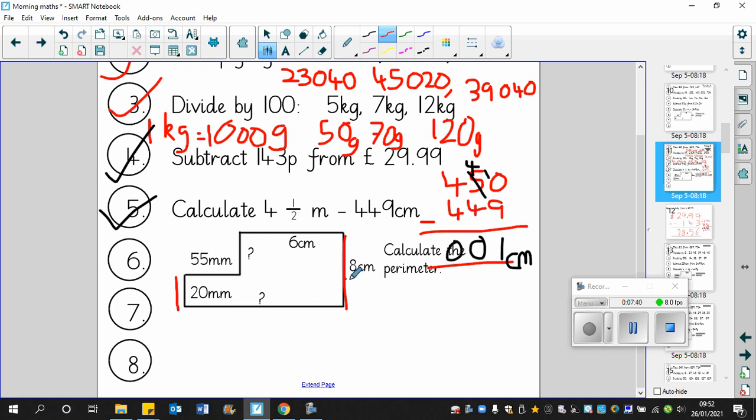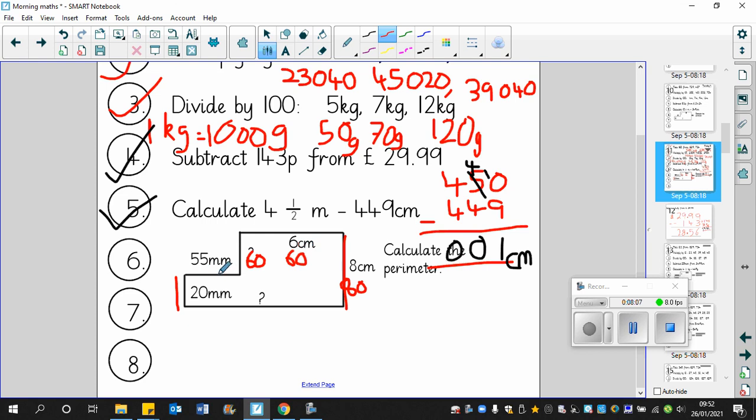So therefore this is going to be 80. That's 80. Okay. And if that's 80 and that's 20, then this must be 60 millimeters, because 20 add 60 is 80. This we know is 6 centimeters, but let's put it in millimeters, which is 60.